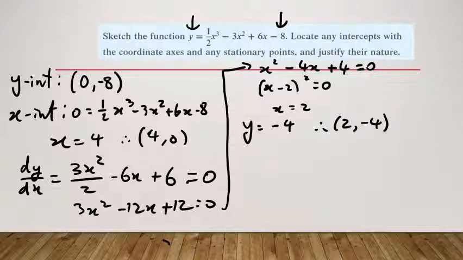Alright, now I'm going to use a sign diagram to justify this nature. You can use the other way if you like. It says it's x minus 2 squared, which I know you can graph very, very easily. So you should have that.